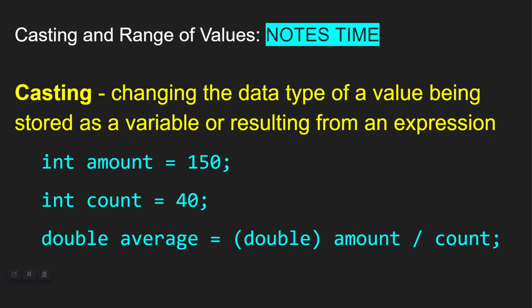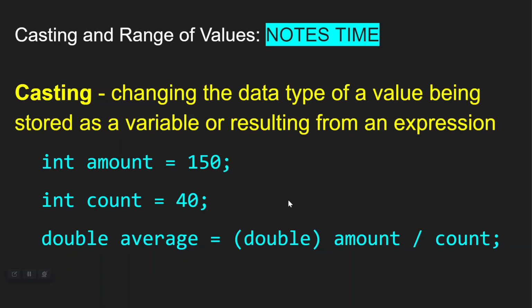So we're going to start with some vocab here, and we're going to start with what's called casting. Casting is when you change the data type of a value being stored as a variable or resulting from an expression. So you can see down here, int amount is 150, int count is 40, and then down here we're trying to calculate the double average.